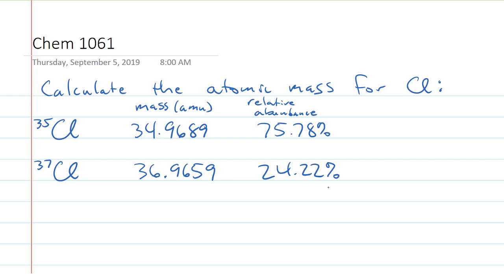Now before we calculate it, let me just go back and show you this piece right here. Remember, what do we call this number up above? The superscript is called the mass number. We define the mass number as being the sum of the protons and neutrons. Remember that each proton has a mass of about 1 AMU. Each neutron has a mass of about 1 AMU.